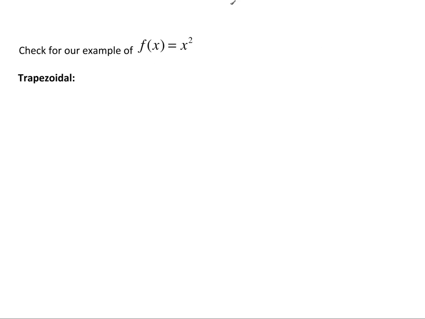Okay, so now that we have it, let's just check to see what our maximum error would be for this function using the trapezoidal rule. And remember, this is from 0 to 2.